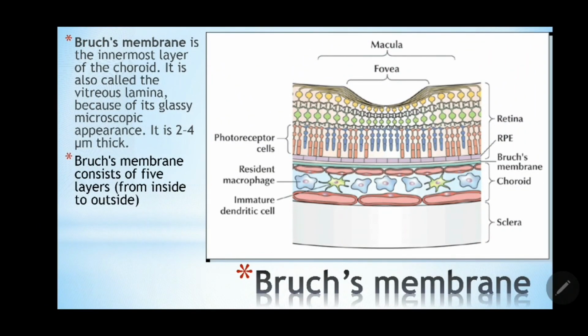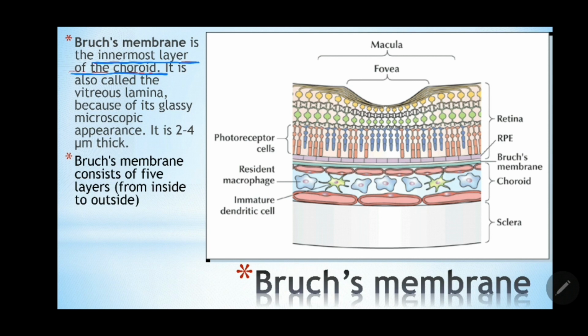So let's read it. Now Bruch's membrane is the innermost layer of the choroid. There are 3 layers. In the very beginning of the lecture, I told you that the eyeball has 3 layers: sclera, choroid, and retina.